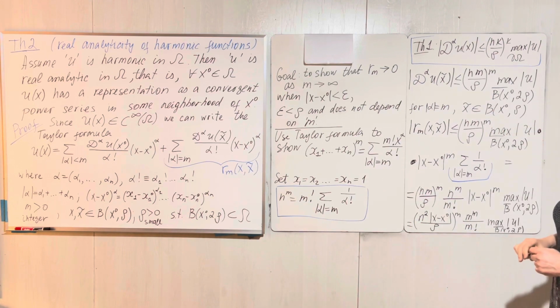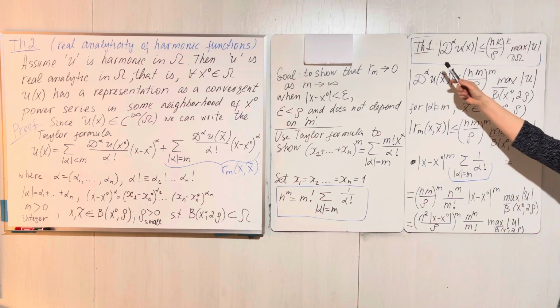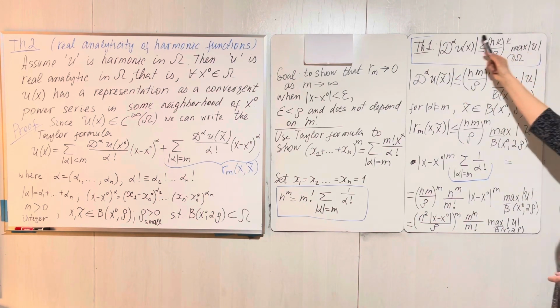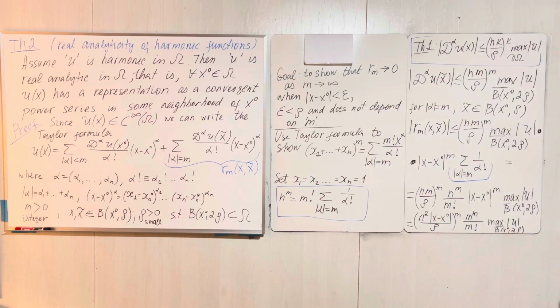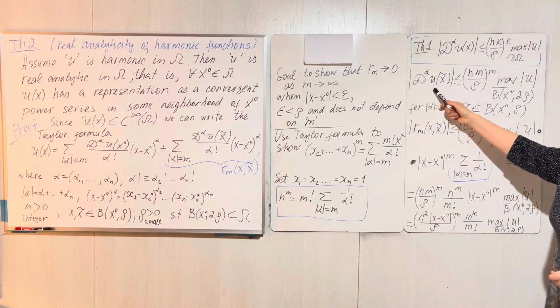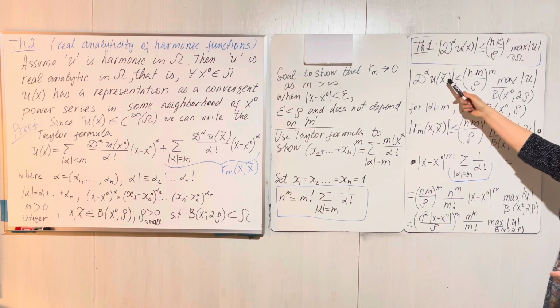So in our derivation we also will use the estimate from theorem 1, and having this in mind, we can write an estimate for u at point x tilde.